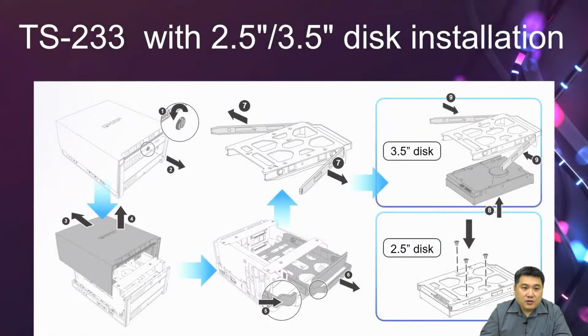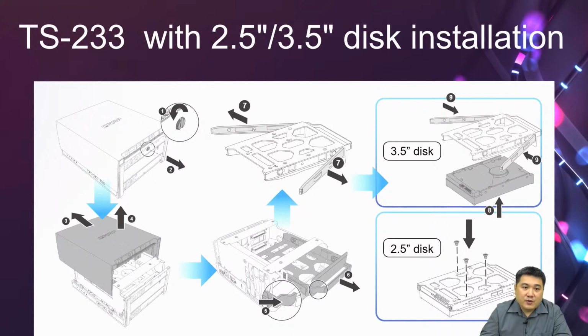When we want to use a 3.5-inch hard disk for TS-233 installation, QNAP designed a quick release structure: only remove the cover to take out the hard disk tray.